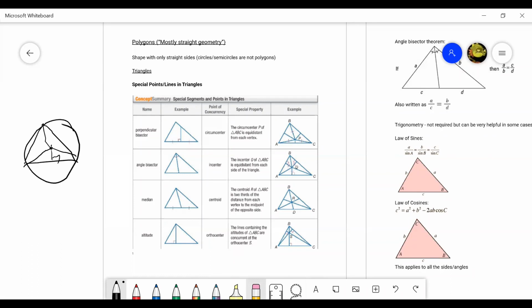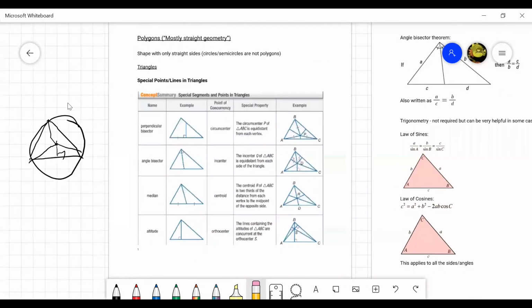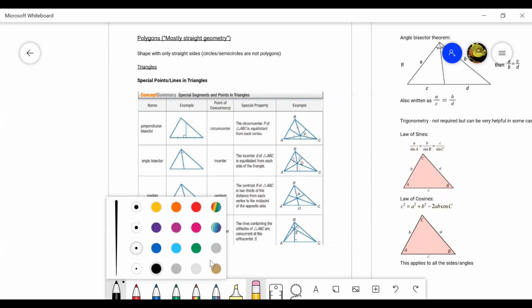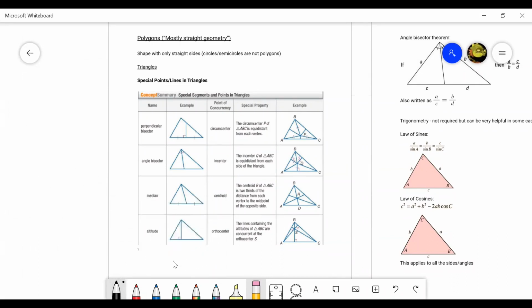All right. So next up is the angle bisector, and the angle bisector is quite literally the line from the vertex to the side that cuts the angle in half, so that each angle formed is equal.